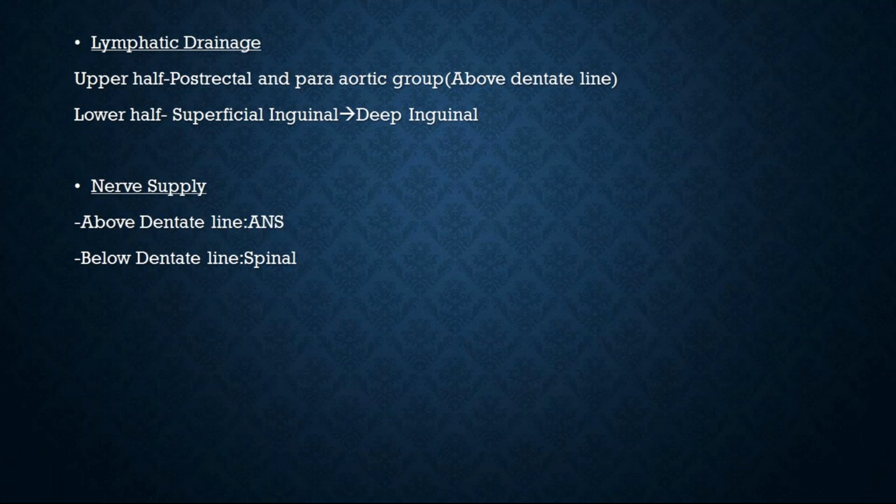Whereas below the dentate line, it is somatic spinal supply, the inferior rectal branch of the spinal nerve. So when it is cauterized or cut, in case of fissure, which arises from below the dentate line to the anal verge, the patient will have a lot of pain. If there is a cut above the dentate line, the patient will not have any pain. So that is due to the nerve supply above and below the dentate line.